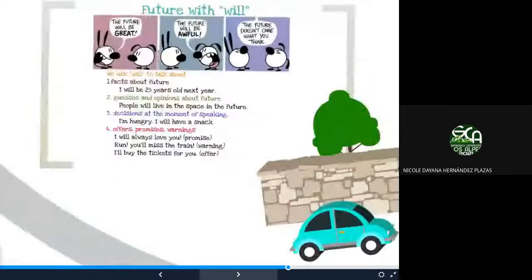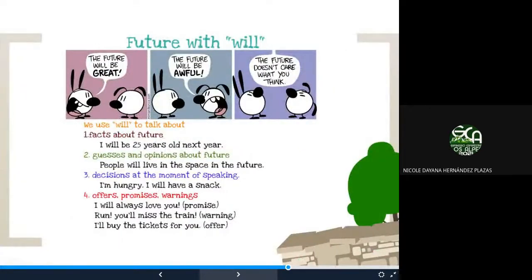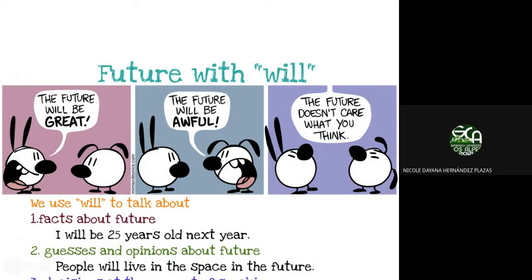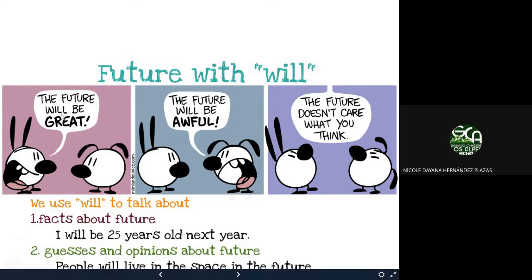Let's continue with will. Let's take a look, guys, to this example. The future will be great. The future will be awful. The future doesn't care what you think. What is the meaning of will?